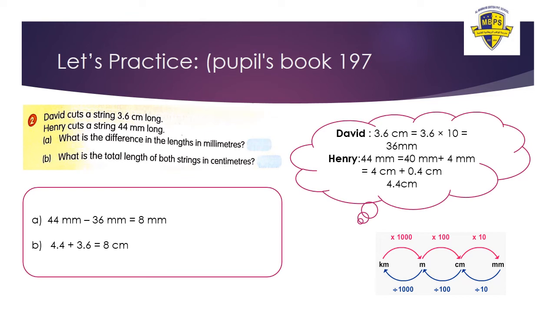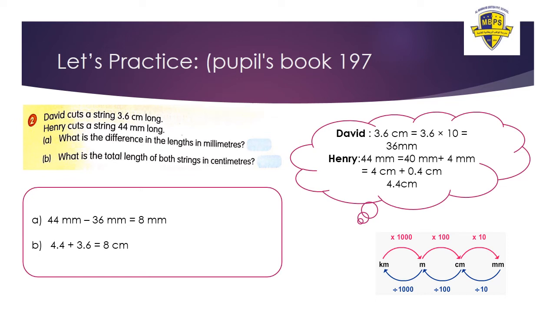Now we can find B. What is the total length of both strings in centimeters? Total, and both means we have to add. 4.4 plus 3.6. Let's add. This is adding decimals. We learned it. First, we add tenths.